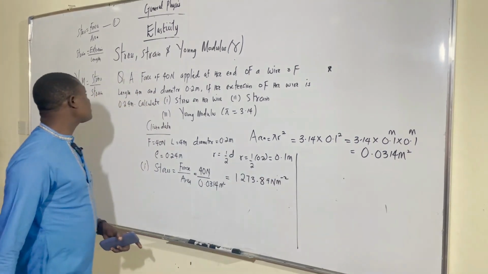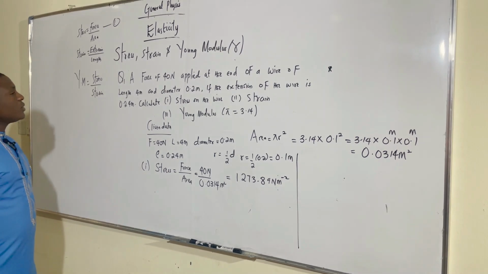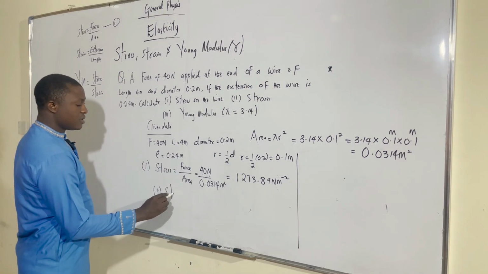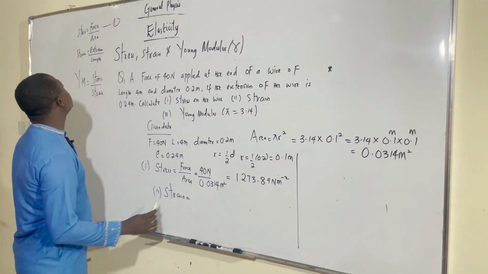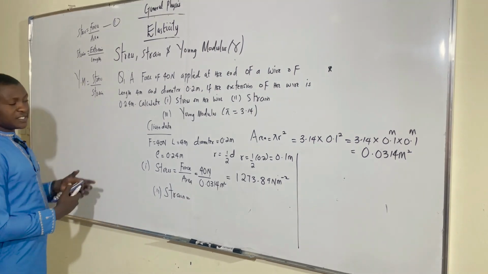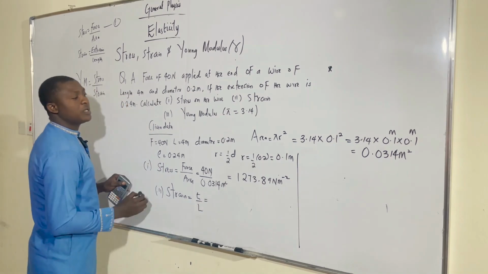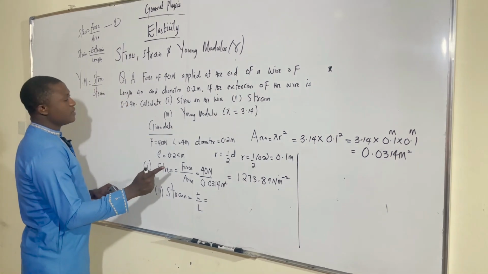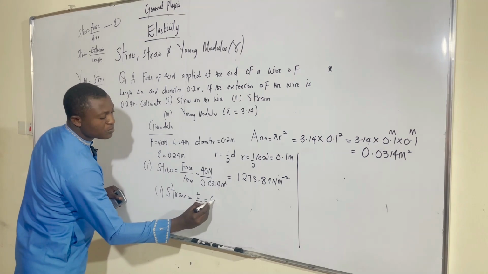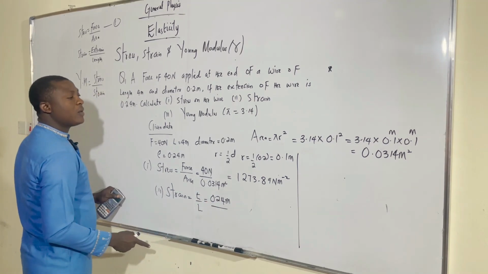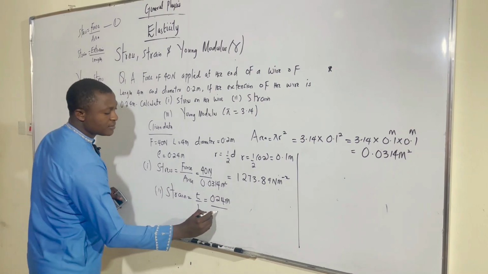So the next one we have to find is the strain. From the formula we have here, the strain is equal to extension over length. Our extension is 0.24 meter, divided by our length, which is 4 meter.